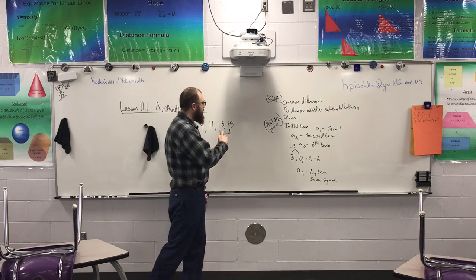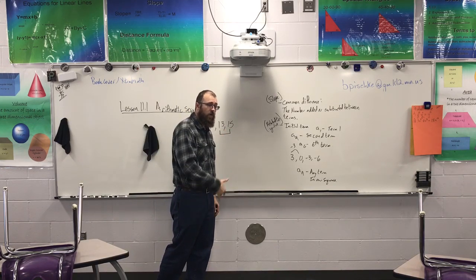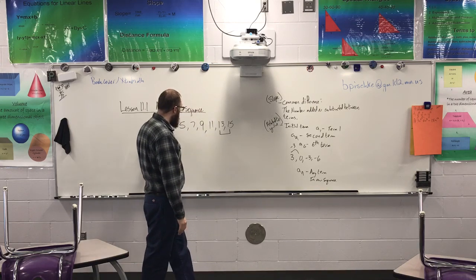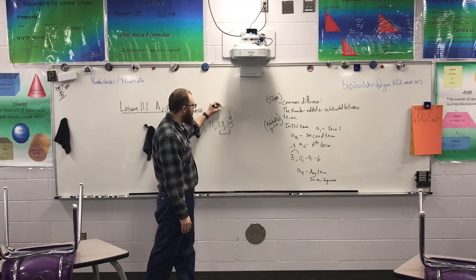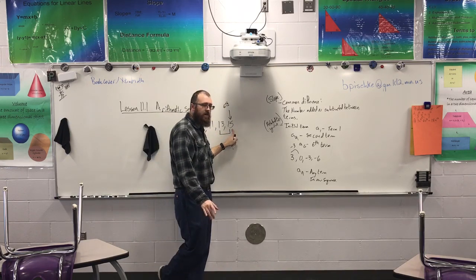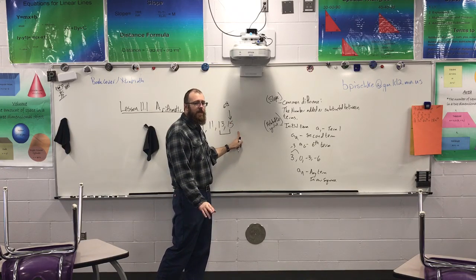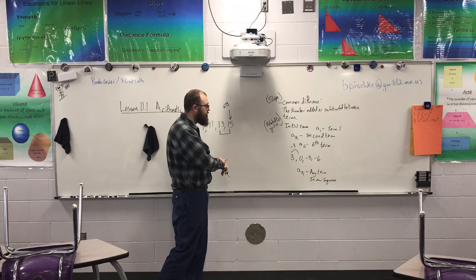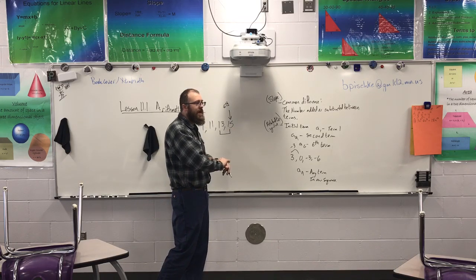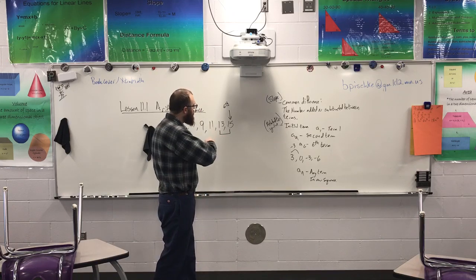But now I need to be able to get to the 20th term, or the 25th term, or the 27th term, or whatever. Let's go simple. Let's just look at our 6th term, which we already have. So the 1, 2, 3, 4, 5, 6th term in our sequence is 15. We need a dedicated way to jump immediately to that 6th term. We know we're going up by 2's each time.